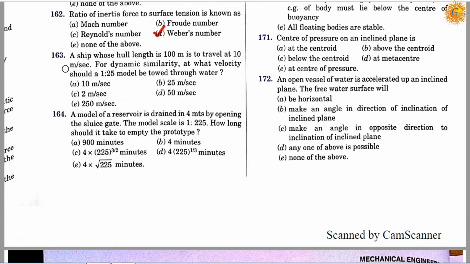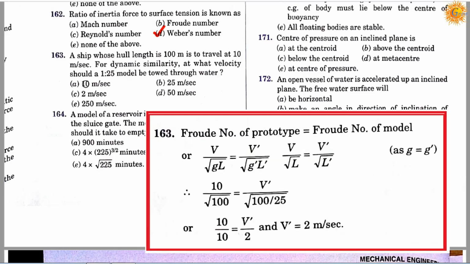Question number 163. A ship whose hull length is 100 meters is to travel at 10 meters per second. For dynamic similarity, at what velocity should a 1:25 model be towed through the water?